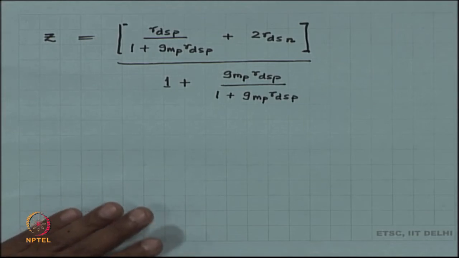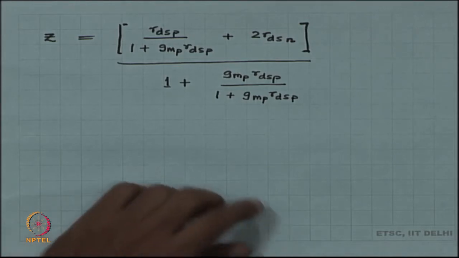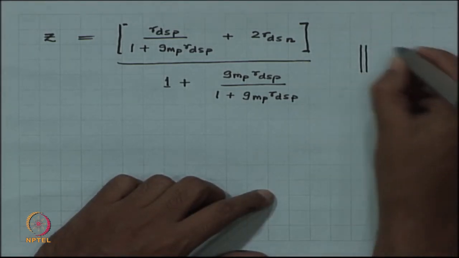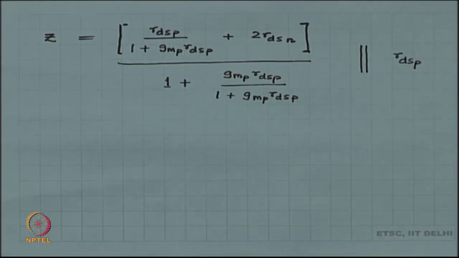Okay. This is the combination of the impedance looking up and the impedance looking down, further in parallel with RDSP. Is this analysis okay?